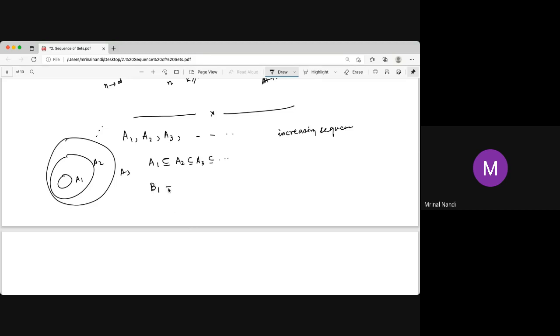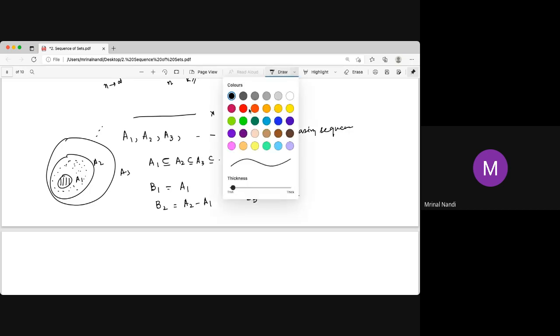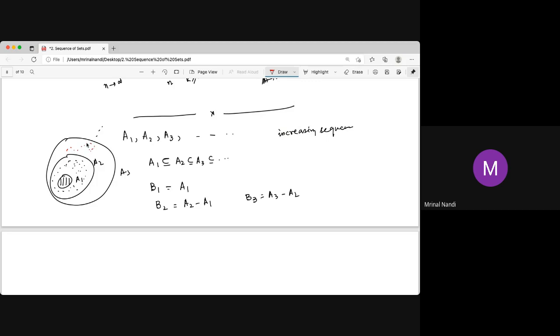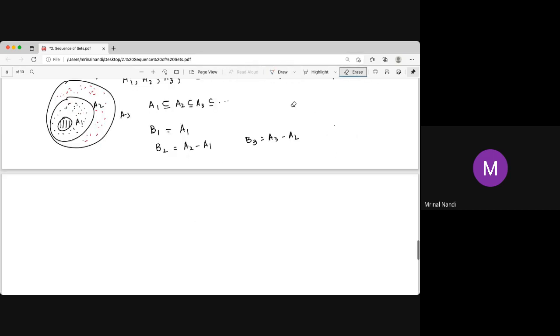Now there is one technique. We define B1 as A1. So this is my B1. Now B2 we take as A2 minus A1. So this is my B2. And we choose B3 as A3 minus A2. So what is this? This part, B3, the red part. If we define it like that, then we can easily see two things.